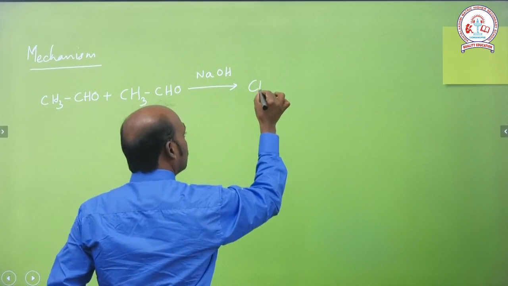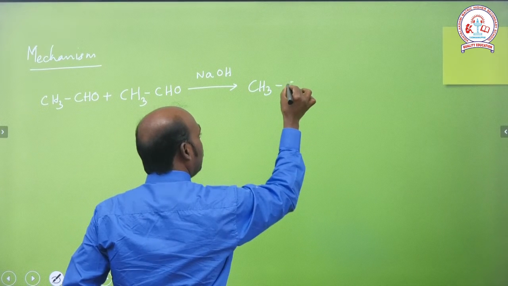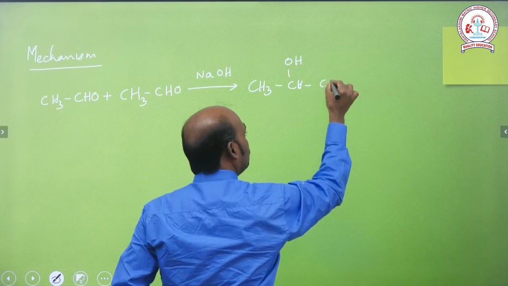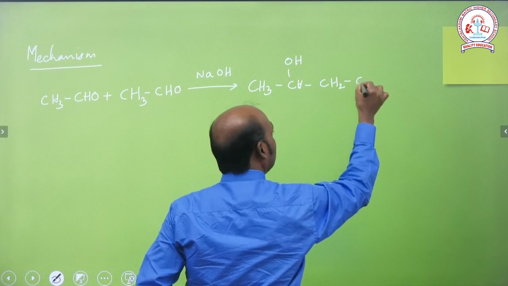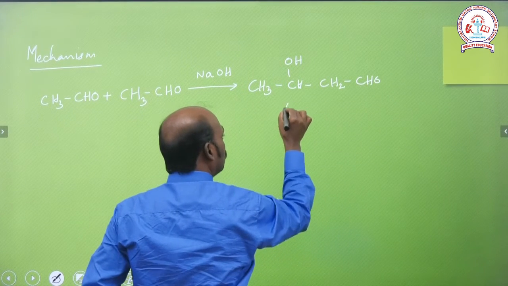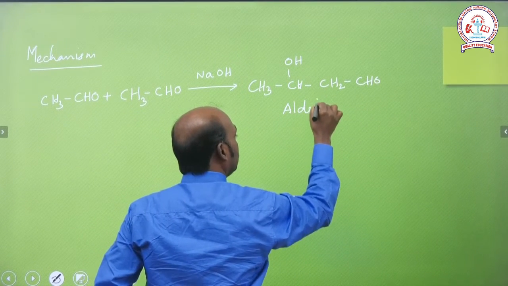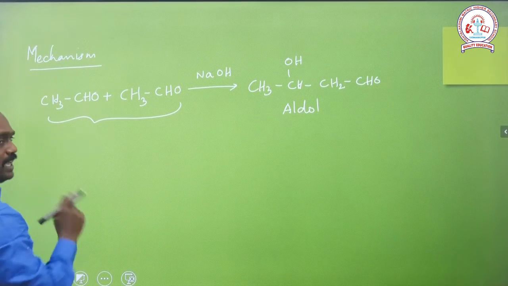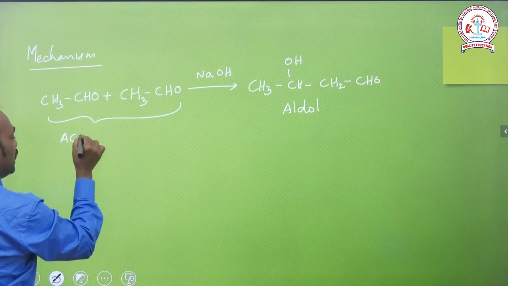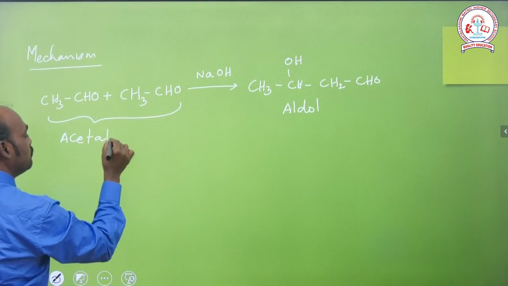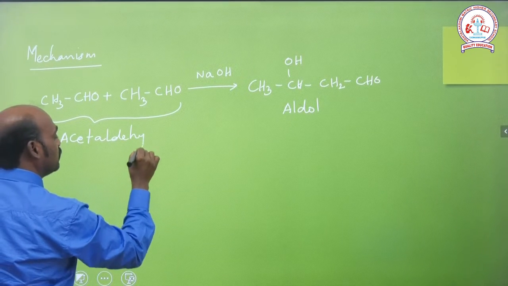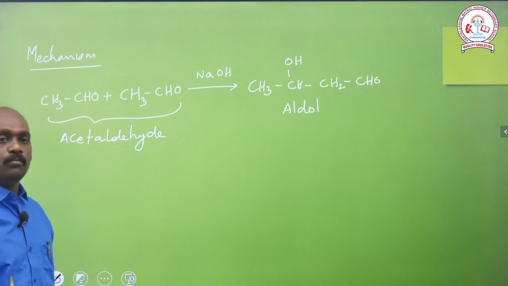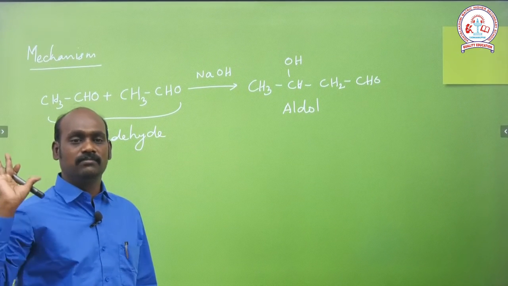It forms CH3CHOHCH2CHO. Already we know this is aldol. Here we take two of the same aldehyde, that is acetaldehyde. That's why it is called simple aldol condensation. I have already told what simple aldol condensation is: in aldol condensation, when both aldehydes are the same, it is called simple aldol condensation.